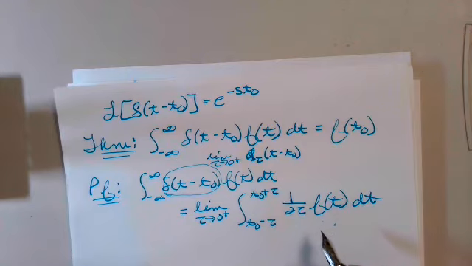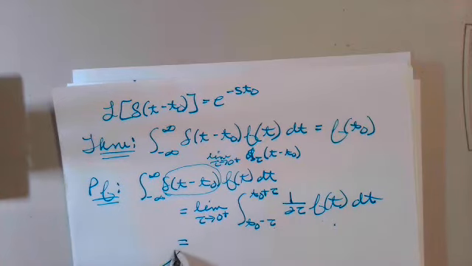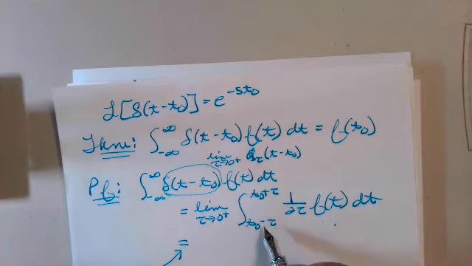Okay, and now you're kind of stuck. So what do you do? What you do is you use the mean value theorem for integrals from calculus 1. And what does the mean value theorem for integrals say? It says that the integral from a to b of a function is basically the average value of the function.